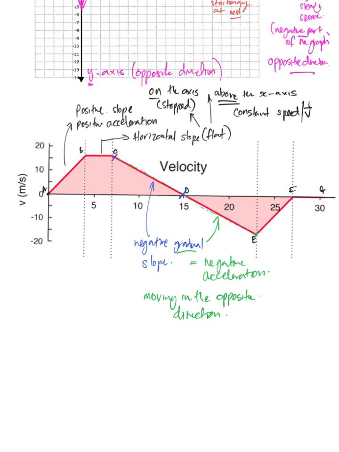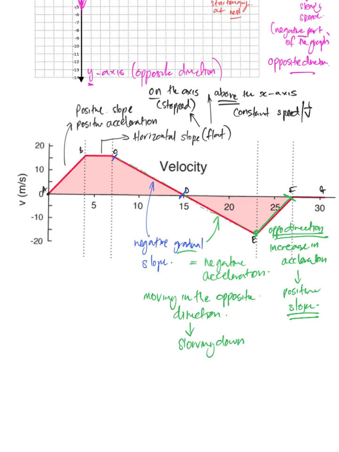Then if I look here on this end, from point E to F, we can see that little zone. I've got, in the opposite direction, an increase in acceleration, because I've got myself a positive slope, but my direction is in the opposite direction. So here I could be even slowing down.